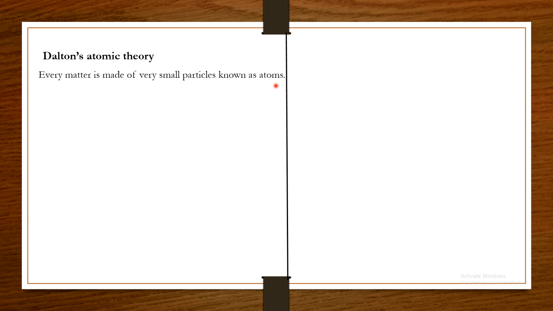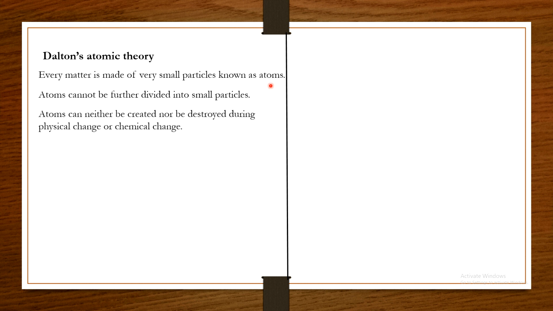They cannot be further divided into smaller particles, and atoms are neither created nor destroyed in any physical or chemical change. So this is called John Dalton's atomic theory, and we studied this in the last session. Now we know how compounds are formed.